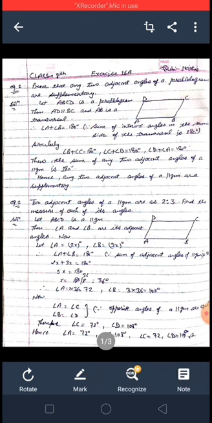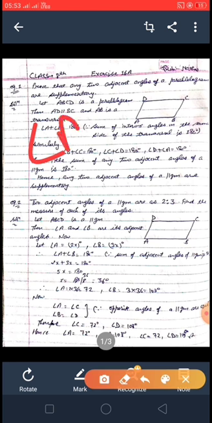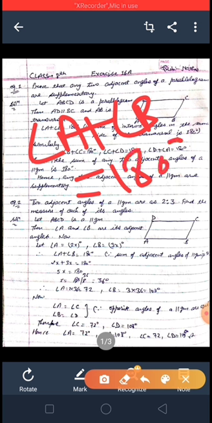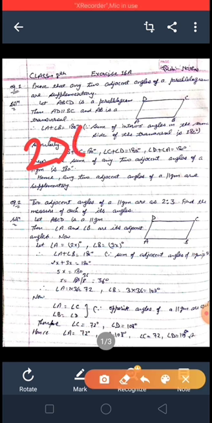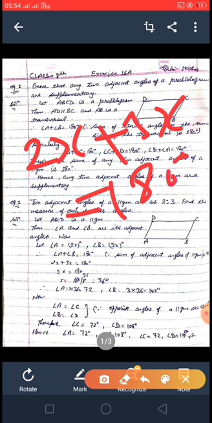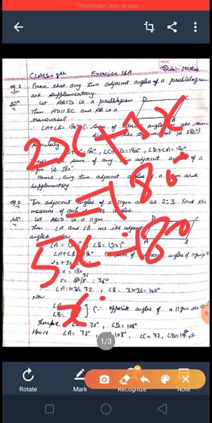Clear? Now angle A plus angle B is equal to 180 degrees. Already we have studied this case because the sum of adjacent angles of a parallelogram is 180 degrees, or supplementary. Now it will become 2x plus 3x is equal to 180. Add: 5x is equal to 180, x will become 36 degrees.